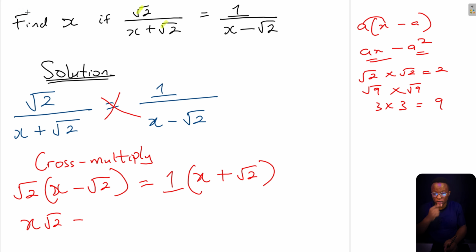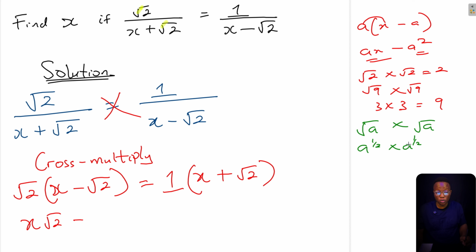So we can also prove this with indices though. Let's do that somewhere here. So we have the square root of a multiplied by the square root of a. We can write this in index form as a raised to the power 1 over 2 multiplied by a raised to the power 1 over 2, right?